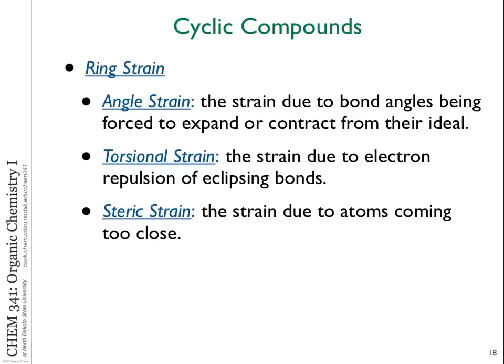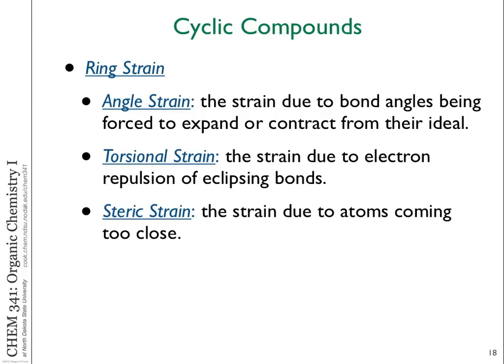Okay, because it's a ring structure. You can't rotate all the way around. You have to break the ring open in order to rotate the bond all the way around. So while ring compounds, if they're large enough, can certainly move, the bonds can rotate a little, they can't rotate in 360-degree circles.